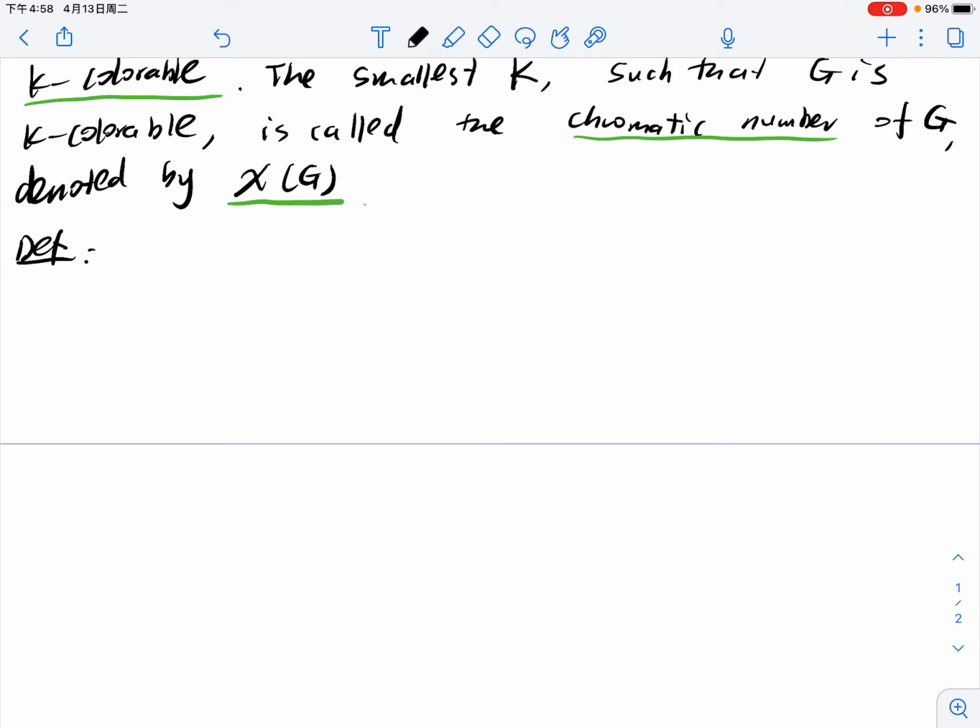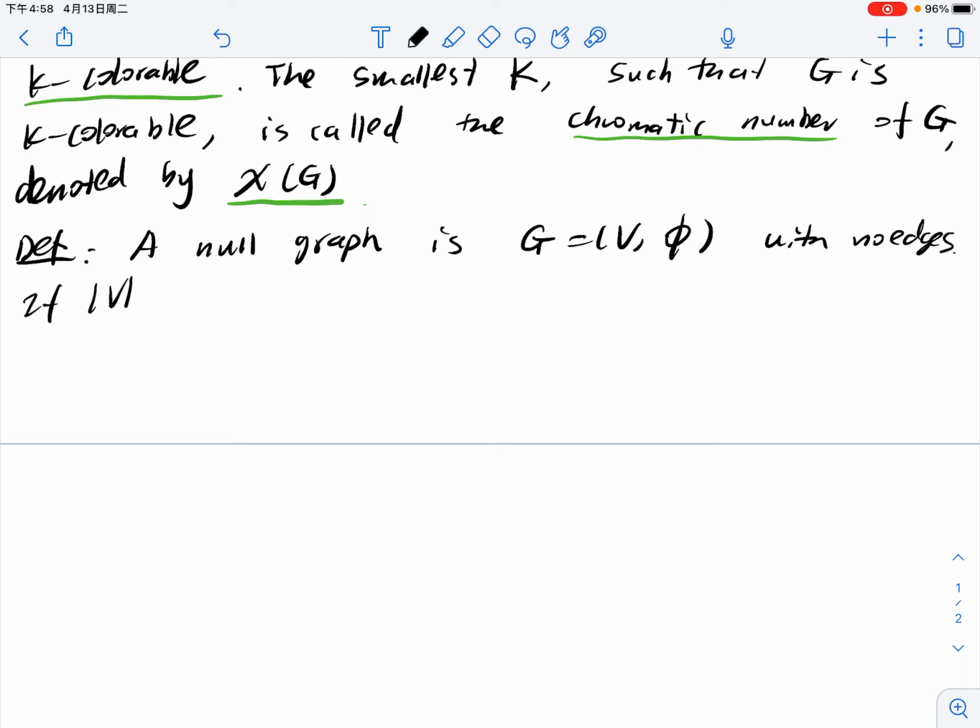Okay, in the following, there's a very important concept called the null graph. So here we give a formal definition. A null graph is not an empty set, just a graph without any edges.